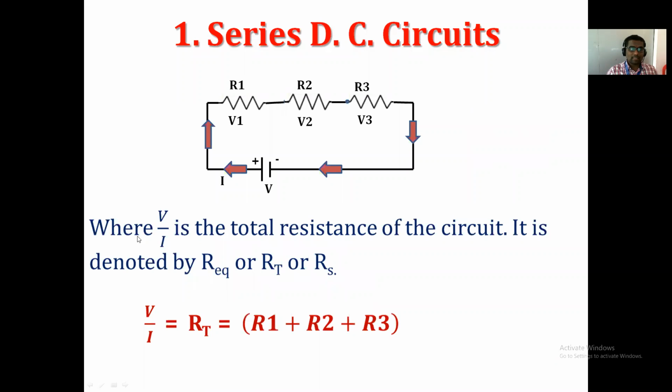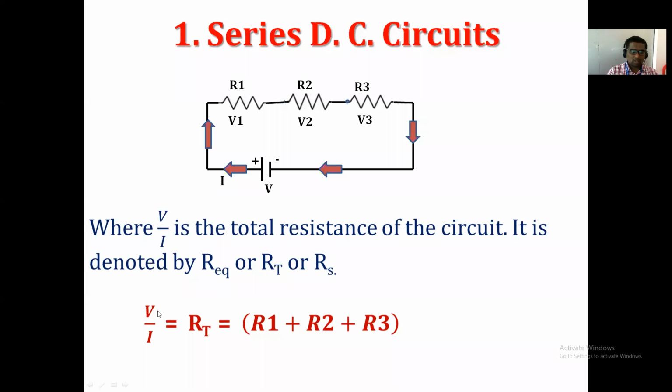So here I say that V divided by I is the total resistance of a series circuit, and it can be represented by equivalent resistance, total resistance or series resistance. So you have seen which types of symbol we can use to represent the total resistance of a series circuit. Is it right?